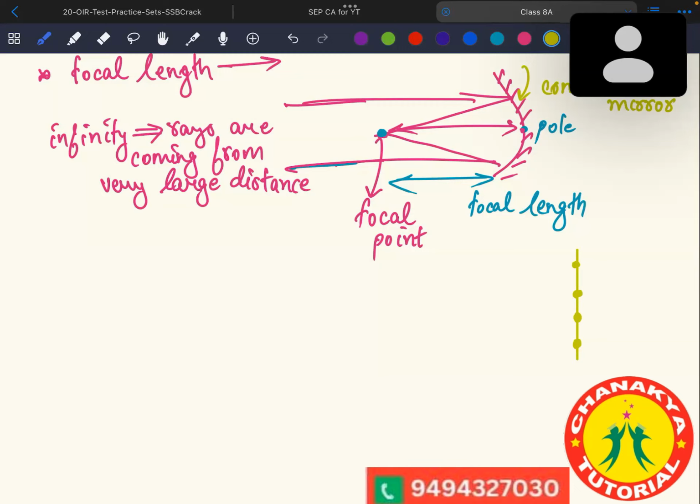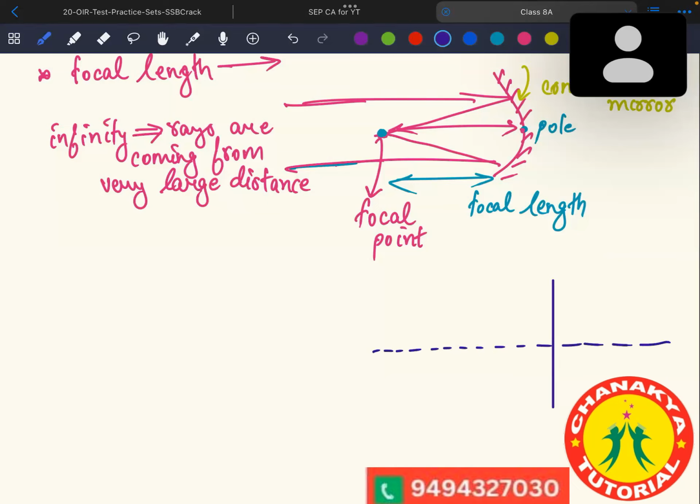Okay. So the sign convention of the concave and convex mirror works like this. First, let me tell you about the plane mirror. Let's say you have a plane mirror like this. Whenever you make the diagram or ray representation, you always break this mirror into two halves.